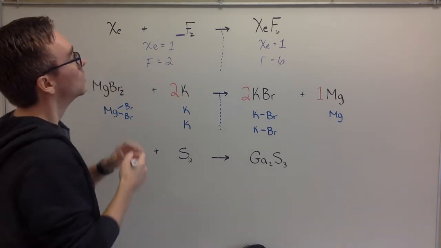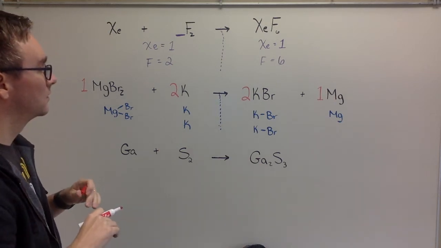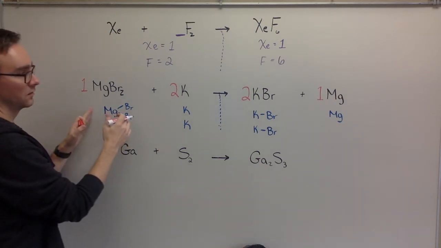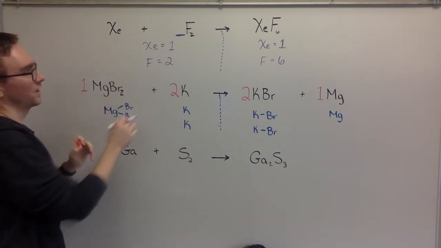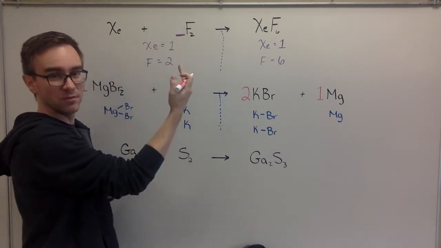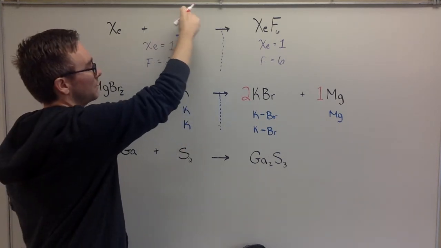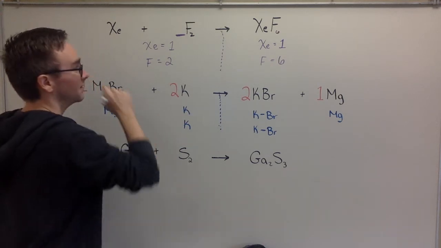All right. But I need to think about, okay, when I went down here, that told me how many of each I have. If I have 1 fluorine, I need to think about what number, and then I'm kind of distributing. How many more F2s do I need? All right.